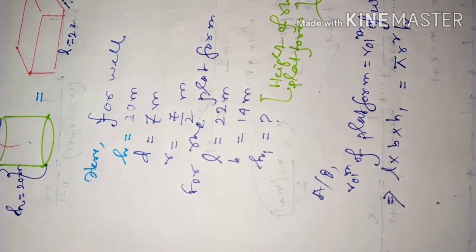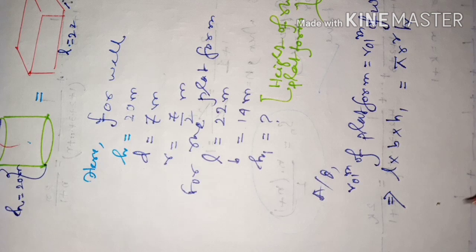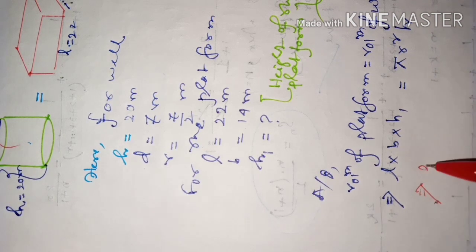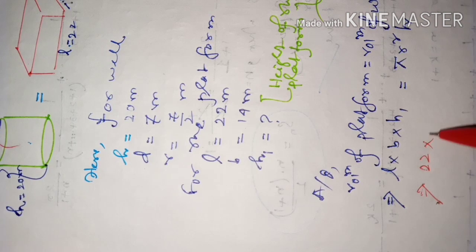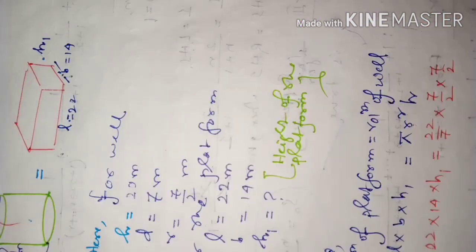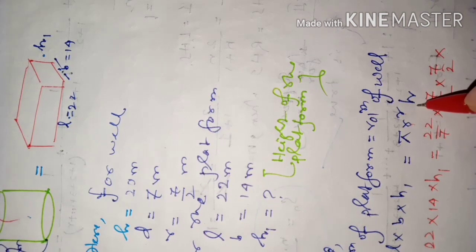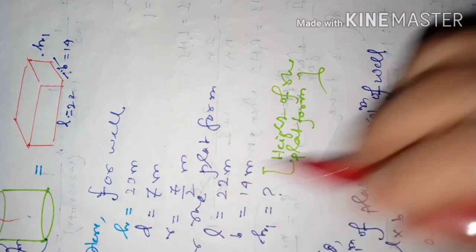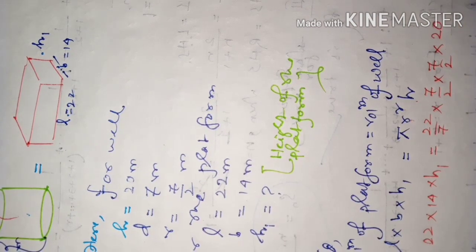So here we can put the values. Length of the platform is 22, breadth is 14, height is h1 unknown, pi is 22 by 7, and r, the radius of the well, is 7 by 2. Since it is square, you write 7 by 2 into 7 by 2, then into h, the height of the well, that is 20 meter. So this is the whole thing.